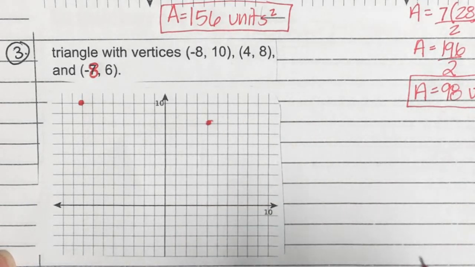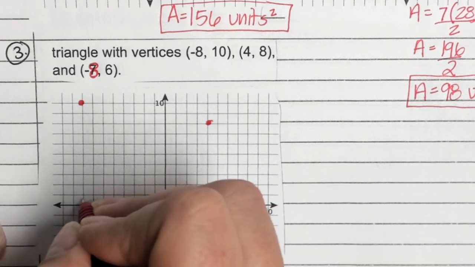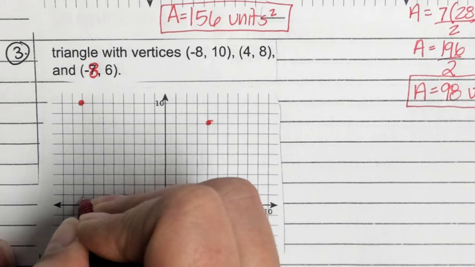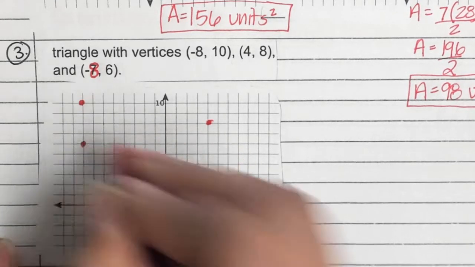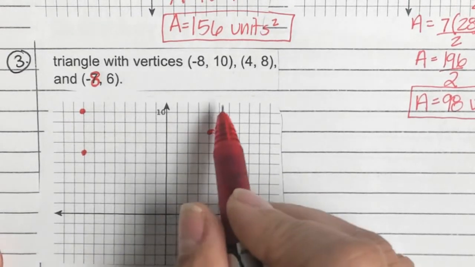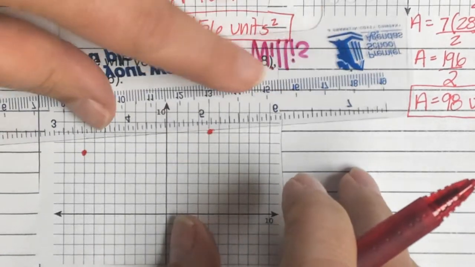And then we have -8, which is right here, -6. Wait, no, +6. Almost messed up. 1, 2, 3, 4, 5, 6. This is a 10 grid, so there's 10 in each section. So that's why I came up here and counted backwards, because I knew it was closer to 10. Okay, I'm going to connect my dots.